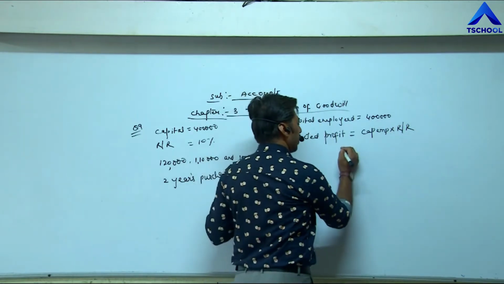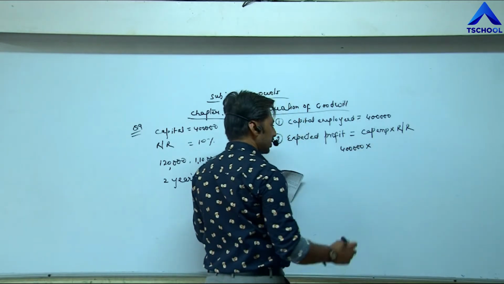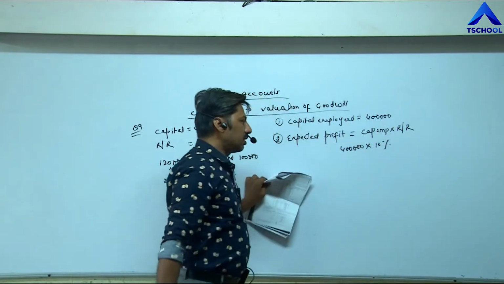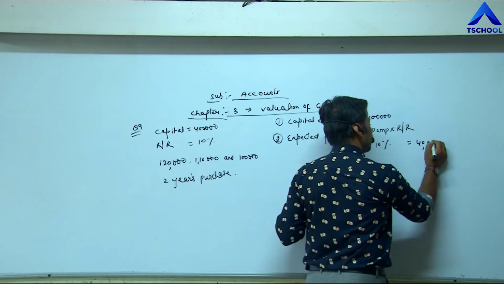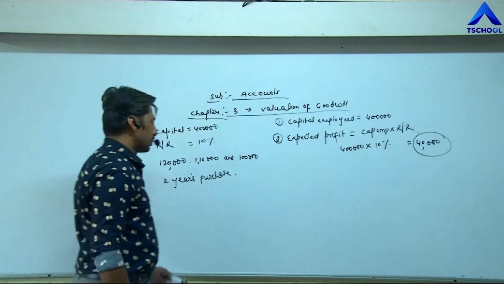Capital employed is 4 lakh rupees. Rate of return is 10%, or 10 upon 100 you can write. So 10% of 4 lakh is 40,000. So expected profit is 40,000.